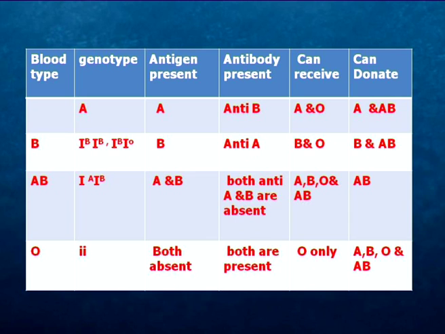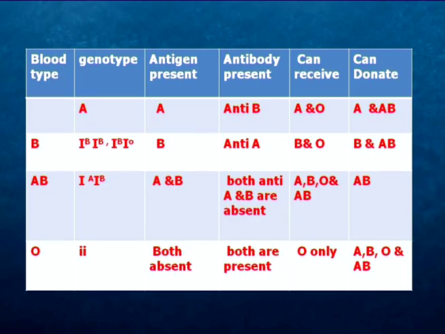Now to whom can he donate? A group people can donate their blood to which blood types of persons, that is A and AB. AB is the universal recipient. So A has A, his own group, and AB as recipients. A has two donors, his own group and O group.